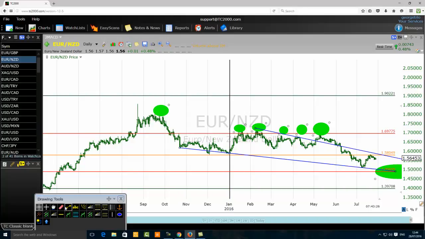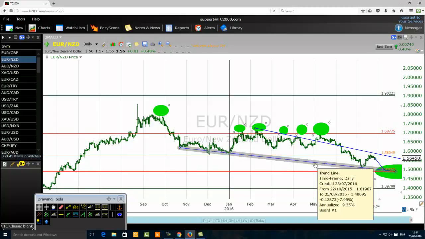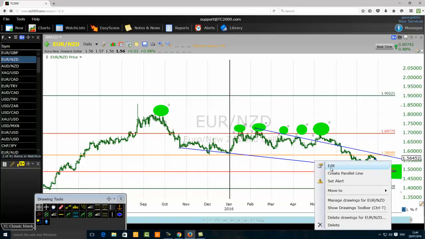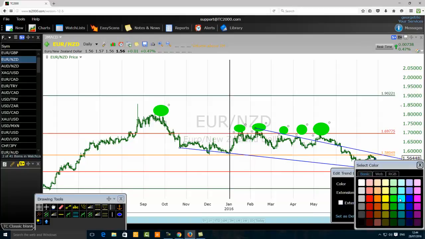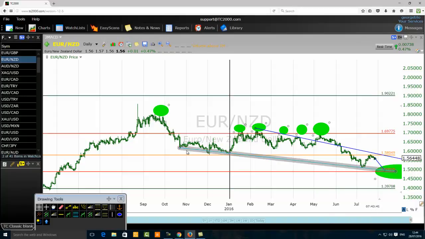So in this scenario, we will prefer this currency pair, euro New Zealand dollar, to pull back again, preferably, repeat, preferably to retest this turquoise trendline, connecting on the daily chart, preferably pull back to retest that level before bouncing up.